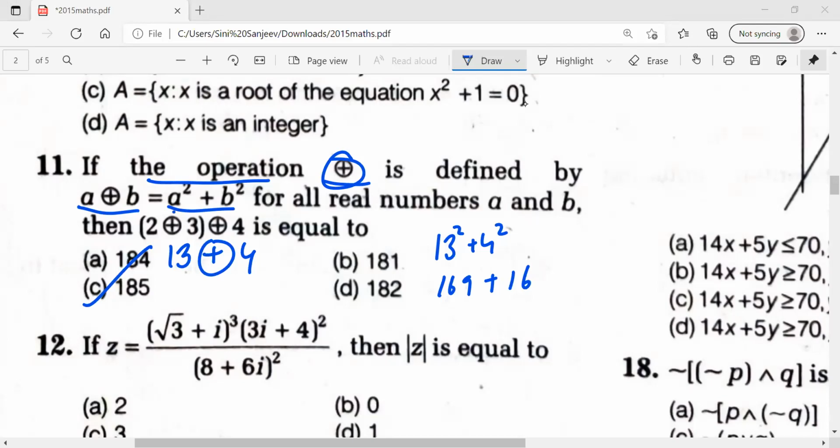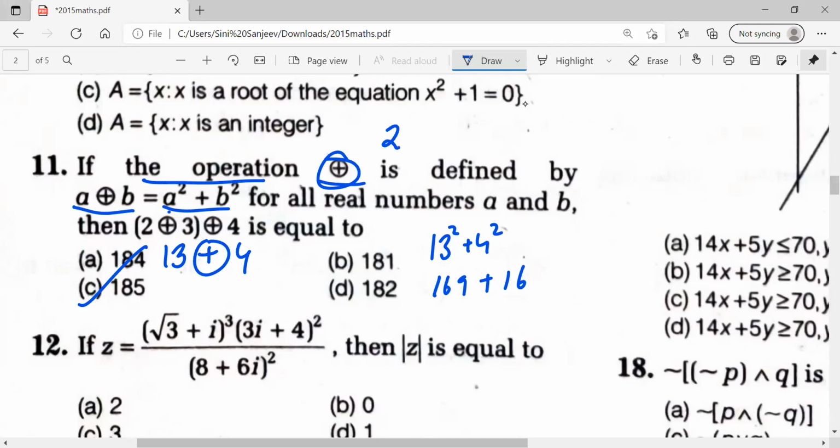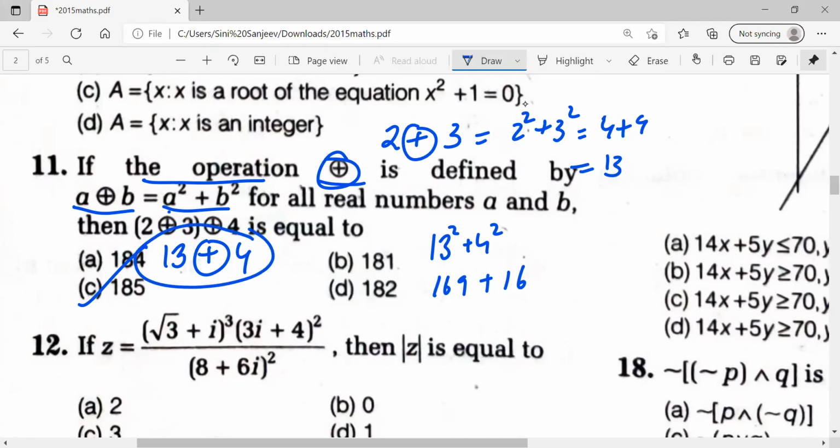So what is 2 exclusive 3 meaning? 2 square plus 3 square, right? 2 square is 4, 4 plus 9 is 13. Now they're asking what is 13 exclusive 4? 13 square plus 4 square. 13 square is 169 plus 4 square 16. That's it.